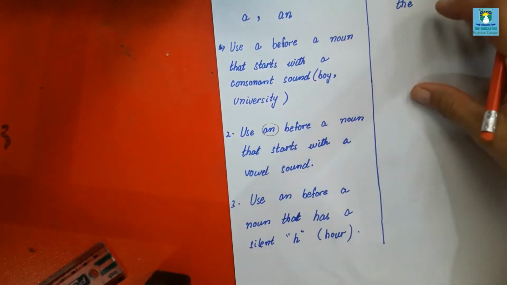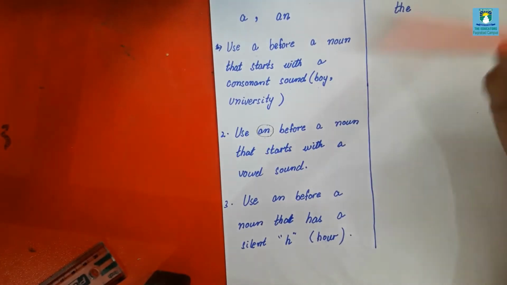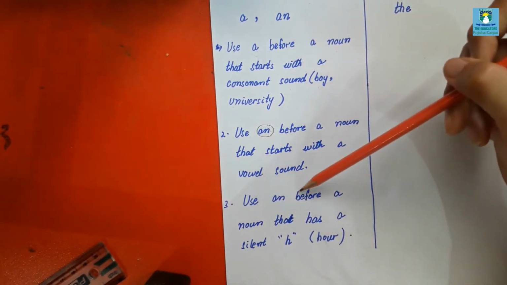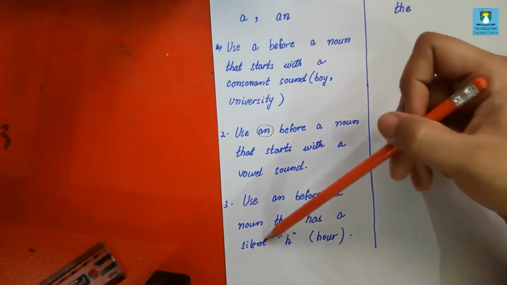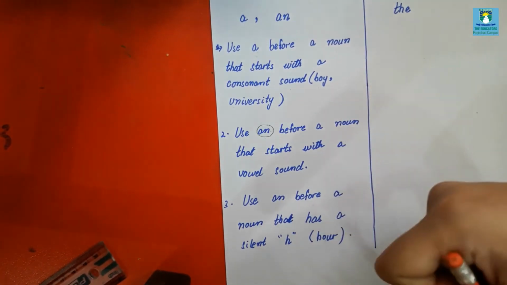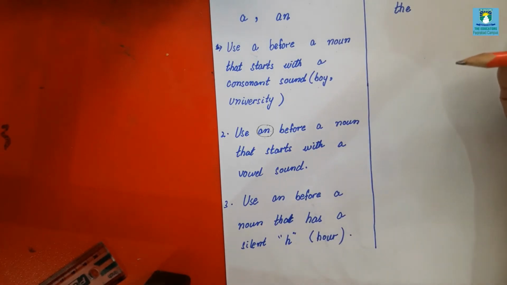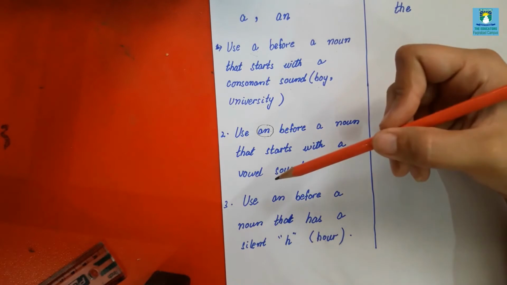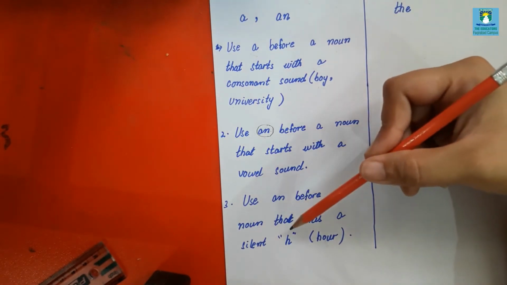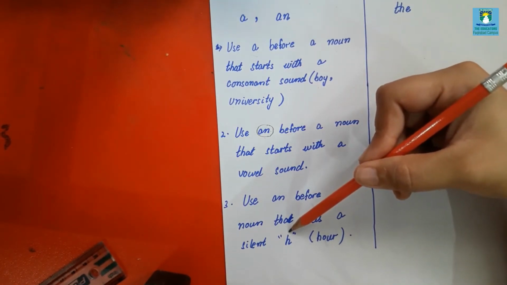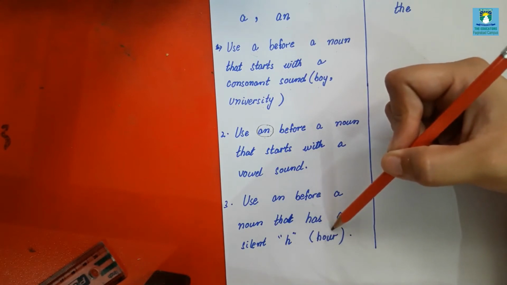Okay? And the third rule is use an before a noun that has a silent h. Those nouns which have a silent h give the sound of a vowel. So we will put an before all those nouns which have a silent h at the start. For example, hour.